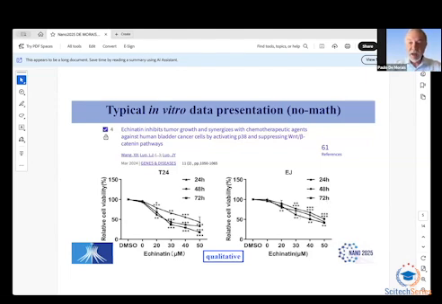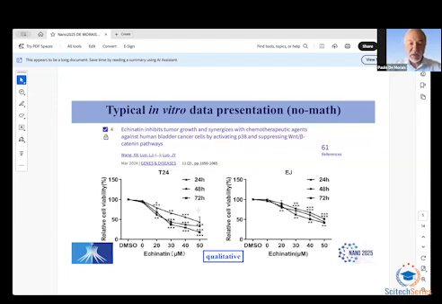So what can we extract from these two experiments? We can extract some information, of course. For instance, as you increase the concentration of the chemotherapy, the cell viability systematically reduces. Well, this is an interesting aspect.